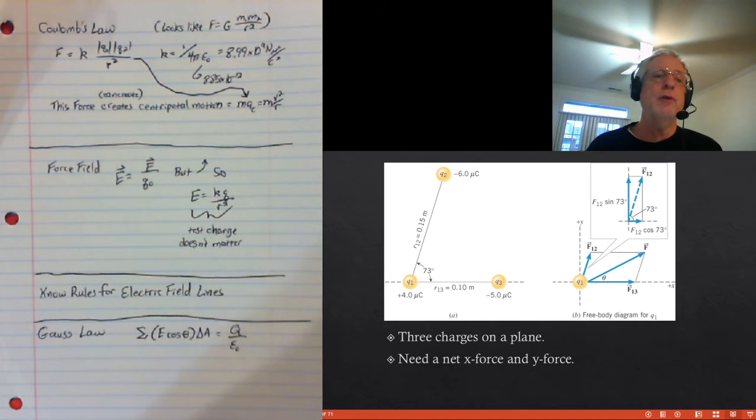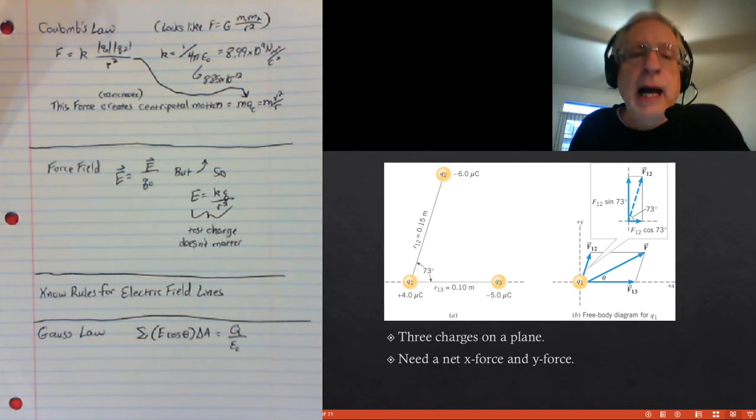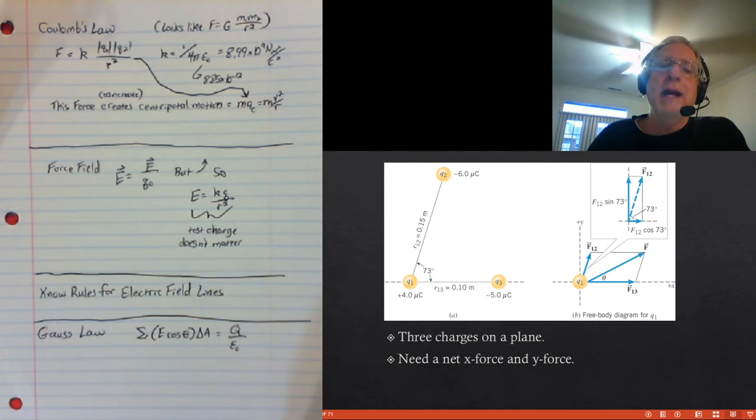Step 1, break it into x and y. Step 2, do whatever math you need to do: you add the x's, you add the y's. Step 3, you take the x's and y's back together to find your net force. I probably wouldn't ask you to do all that on the test, but I might ask you to tell me what direction that net force would be.